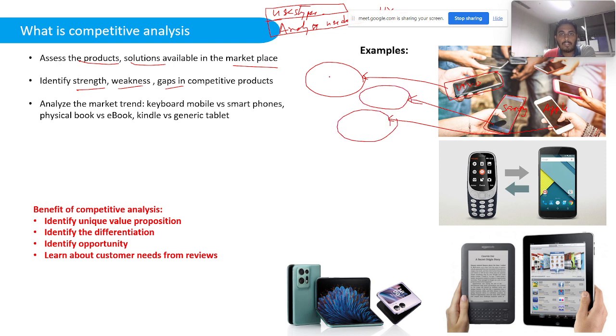Based on their features and functionalities, we can identify particular weaknesses they are missing, or identify their strengths which we also need to consider, and we may find some gaps which can be our unique selling point which we can choose later to design our product.